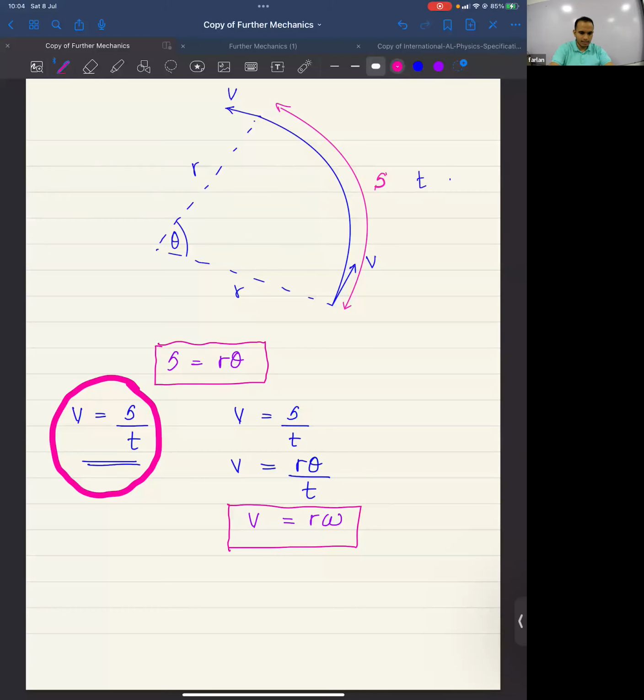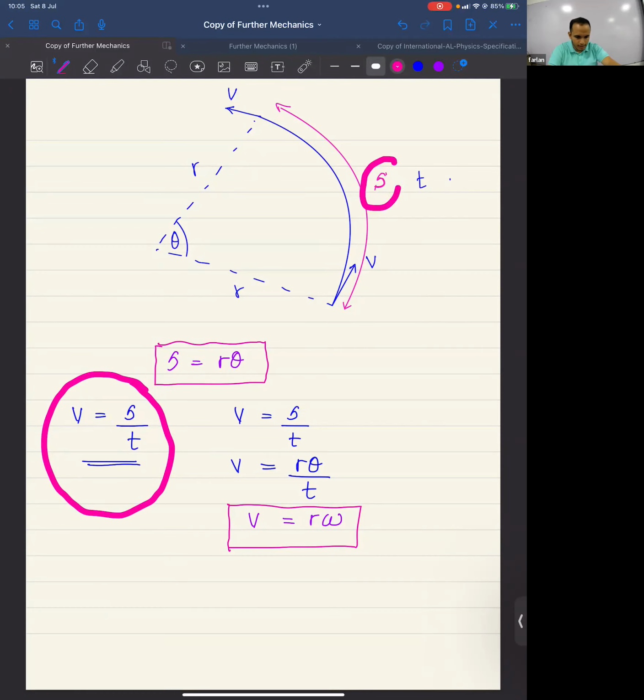Why is it known as the tangential speed or tangential velocity? It is along the tangent of the circular path. That's why you call it the tangential speed or the instantaneous speed. It is equal to distance traveled over time taken. The distance traveled is s, the time taken is t, so v equals s over t. There's nothing new in that. That's something you know from your small grades. Speed equals distance over time.